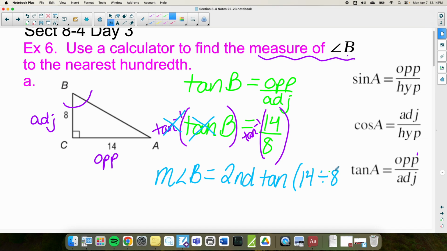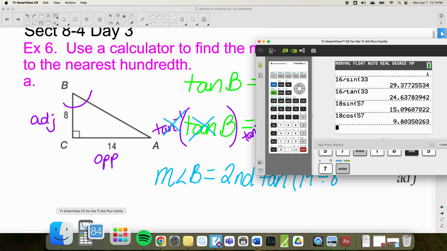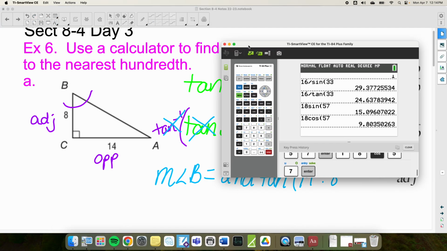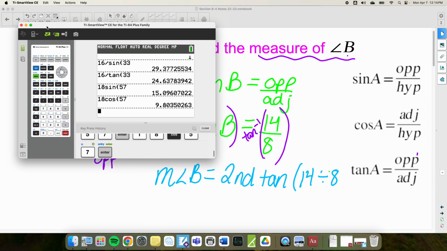And you don't even have to put a parenthesis after that if you don't want to. That means measure of angle B, which is what we're looking at. Okay? So now, guys, we're gonna wanna look at our calculator. And if you don't get the same answer as me, remember your calculators have to be in degree mode. And if they're ever getting a different answer, that could be the thing.